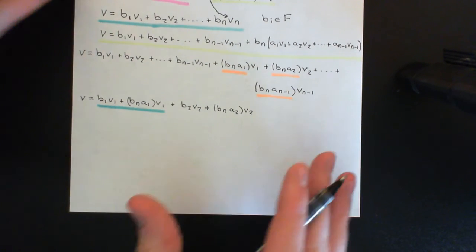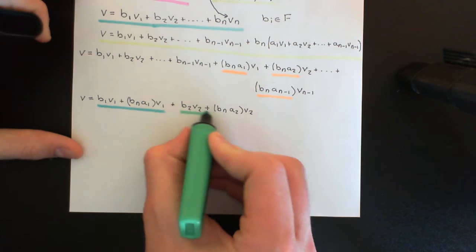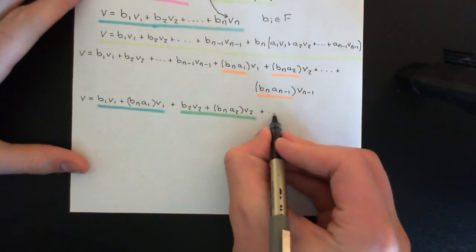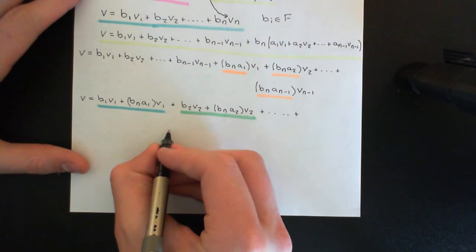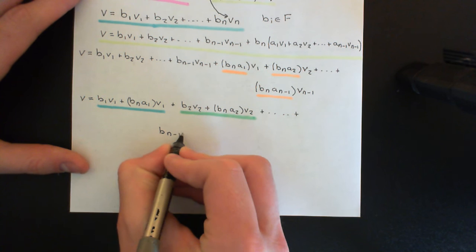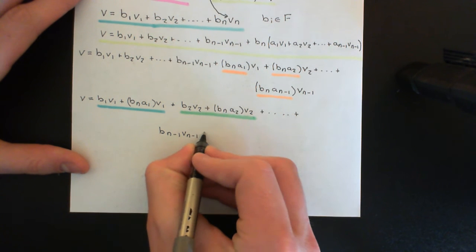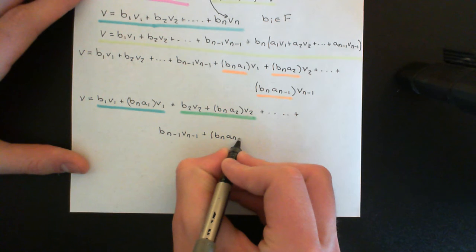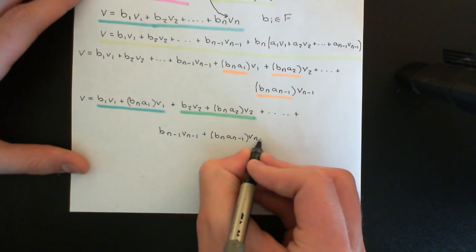I'll just move this up a bit. We'll underline all of those referring to v2 in green here, and then we'll continue doing this for v3, v4, etc., all the way down to vn minus 1, and we'll end up with plus bn minus 1 vn minus 1 plus this portion, bn an minus 1 times vn minus 1.